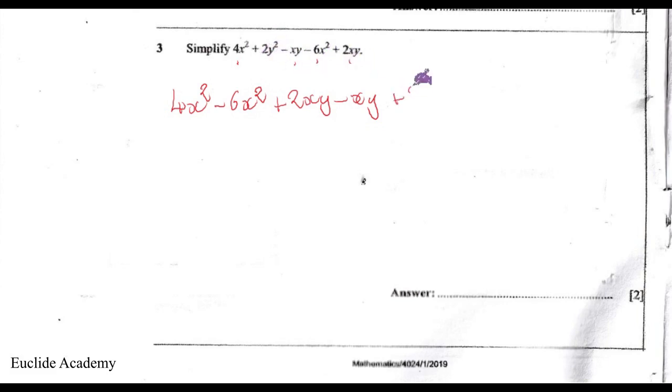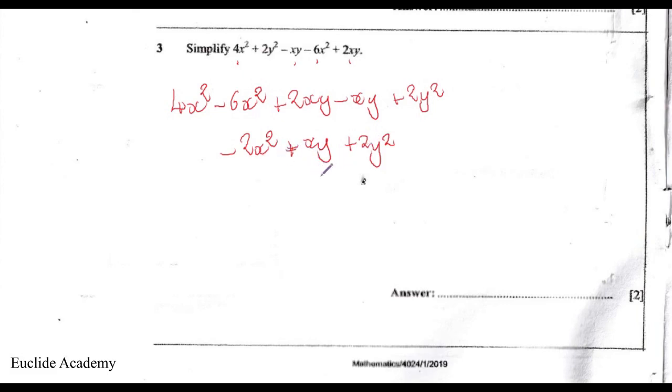So 4x squared minus 6x squared gives me negative 2x squared, and 2xy minus xy just gives me a positive xy. Then I remain with 2y squared.